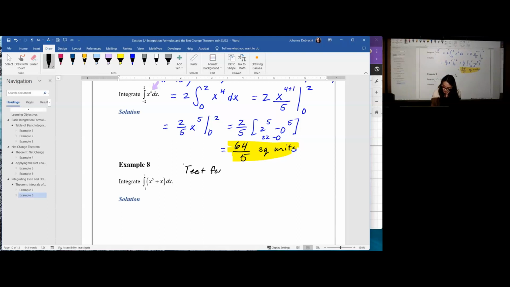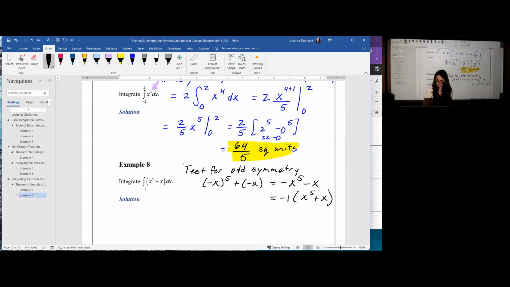I'm going to test for odd symmetry. When I test for odd symmetry, I'm going to replace the variable x with -x. This gives me (-x) to the 5th power plus a -x, which I can rewrite as -x to the 5th minus x, and factor out the -1 to get -1 times the original function.